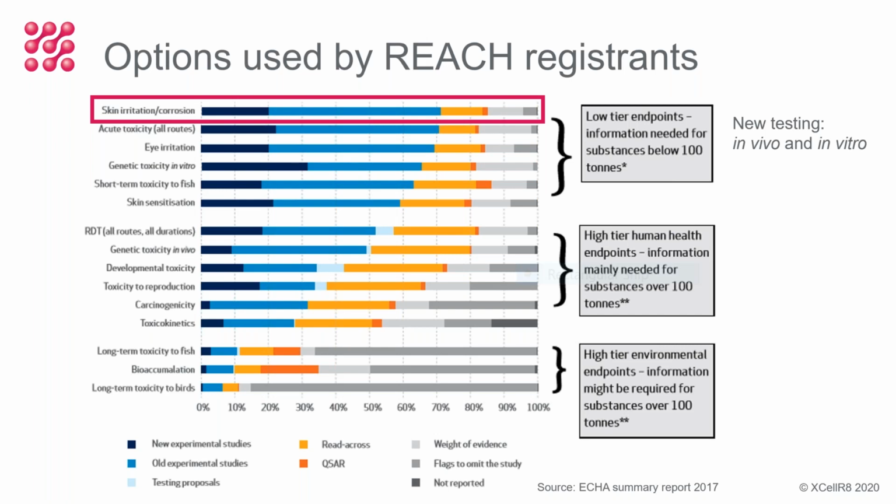And if you just take a look at the key at the bottom of the slide, we can see that the vast majority of cases were able to be resolved and assessed using data from old experimental studies, read across, or weight of evidence. But there was still around 20% of those cases that required additional testing, and that would have been in vitro testing wherever possible, and possibly with just a small number having a requirement for in vivo testing as a follow-up. And we'll go on to discuss that.